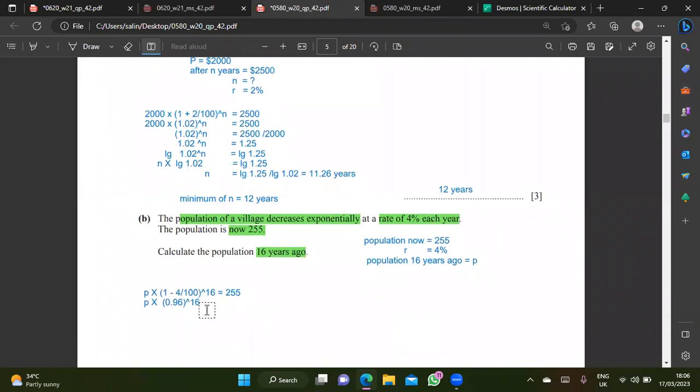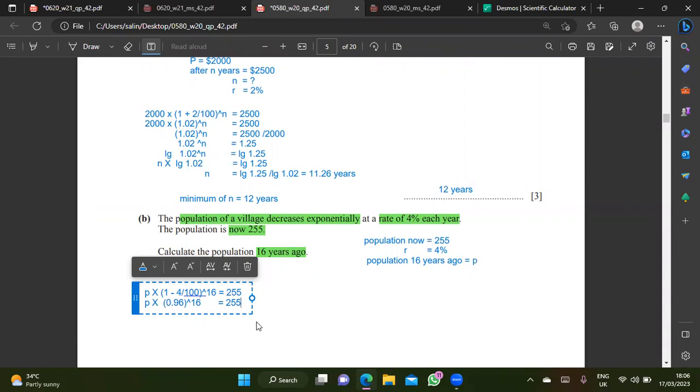This is equal to 255. So I want to find my P. Can I just bring everything to the other side? Yes, I can do so.